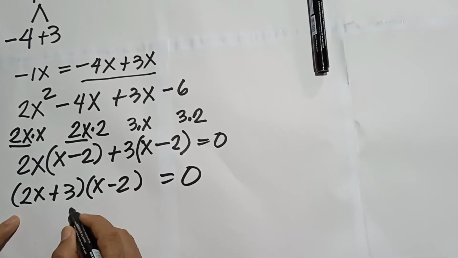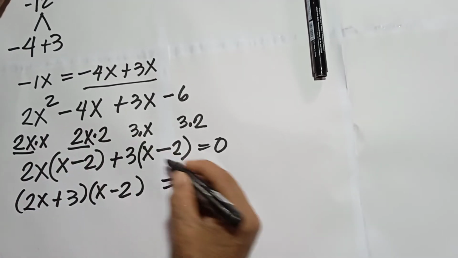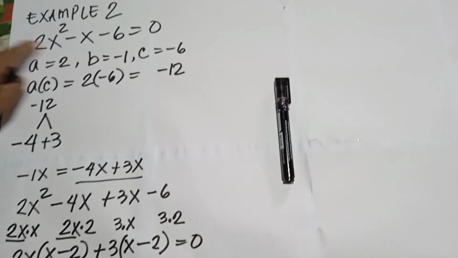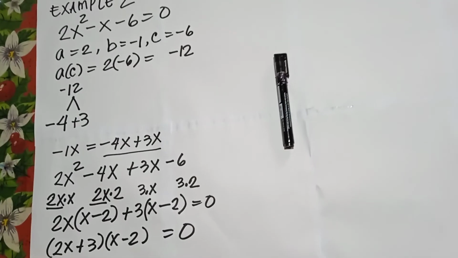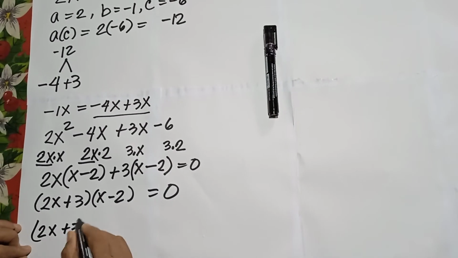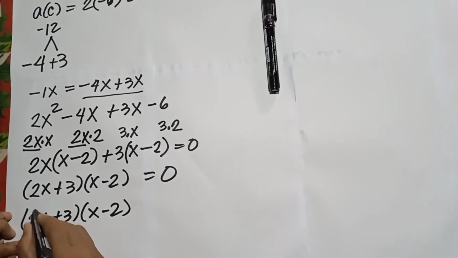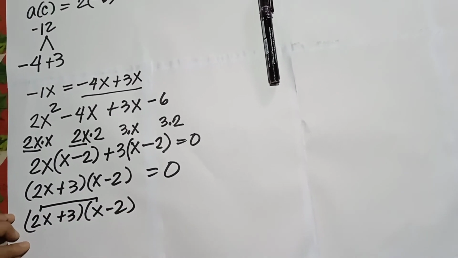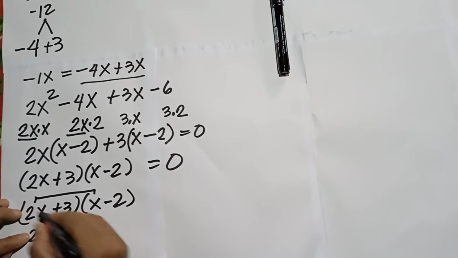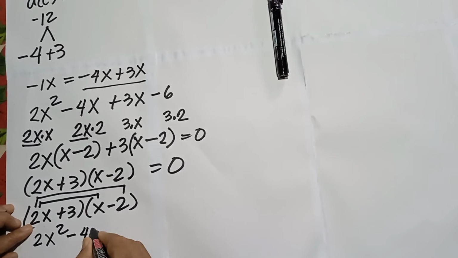This 2x plus 3 times x minus 2 is the same as 2x squared minus x minus 6. So they are similar. I will prove to you. By FOIL method, we have 2x plus 3 and x minus 2. First, 2x times x equals 2x squared. Then outside, 2x times negative 2 is negative 4x.